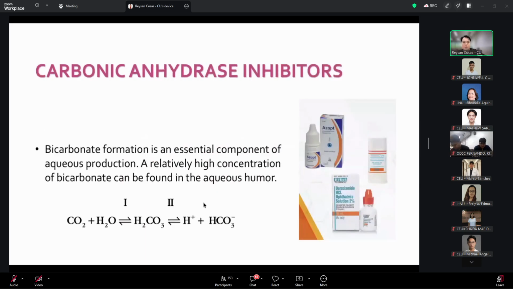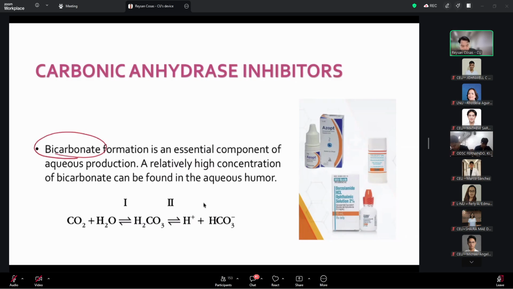Let's now move on to the CAIs or the carbonic anhydrase inhibitors. Ano ba yung CAI or carbonic anhydrase? So carbonic anhydrase is an enzyme which is essential in the conversion and formation of bicarbonate.